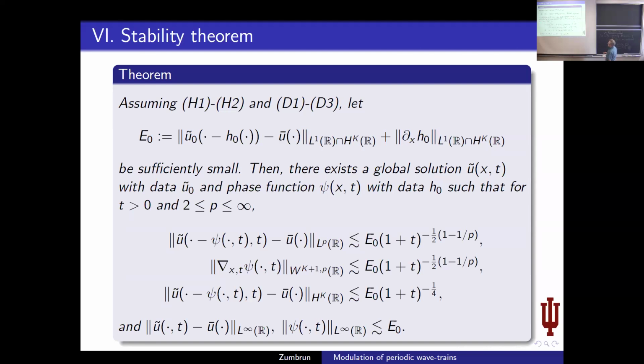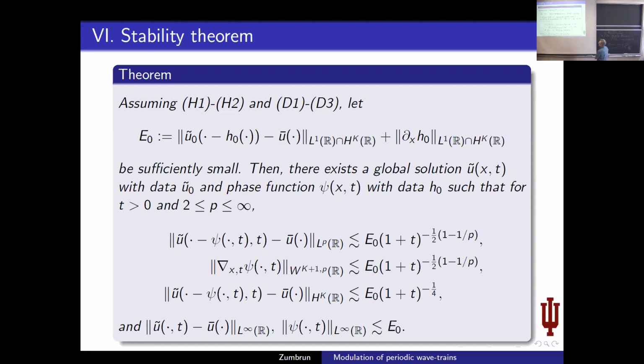The modulation error decays like a heat kernel. The derivative of the phase decays like a heat kernel with amplitude E naught of the initial data. And if we take the HK norm, it's the same as the L2 norm, and it's just 1 plus t to the minus a quarter.